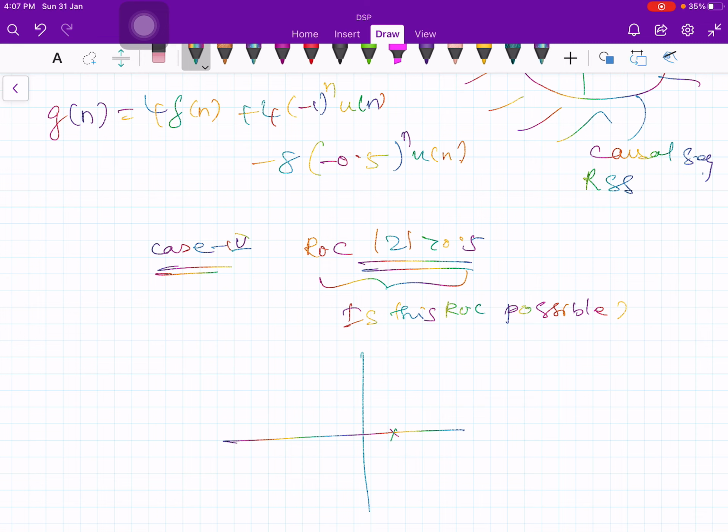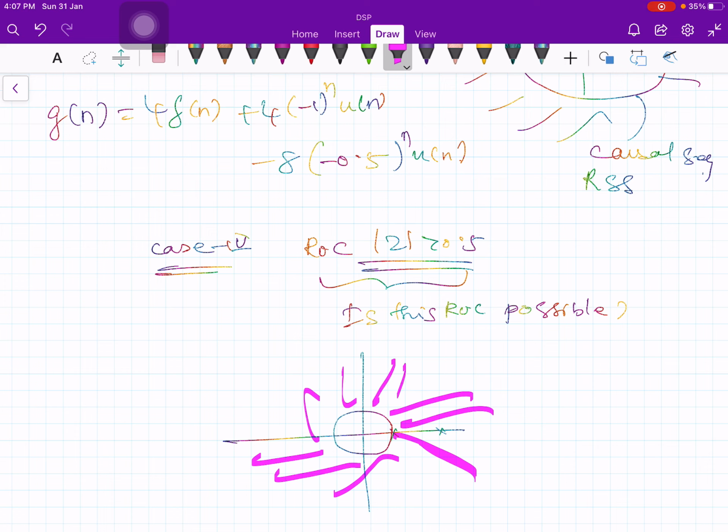This is 0.5 and this is 1. So your ROC says greater than 0.5. So this is my ROC like this. Now if you look here, the ROC contains a pole. There is a pole, right? But as per our definition, the ROC should not contain a pole.